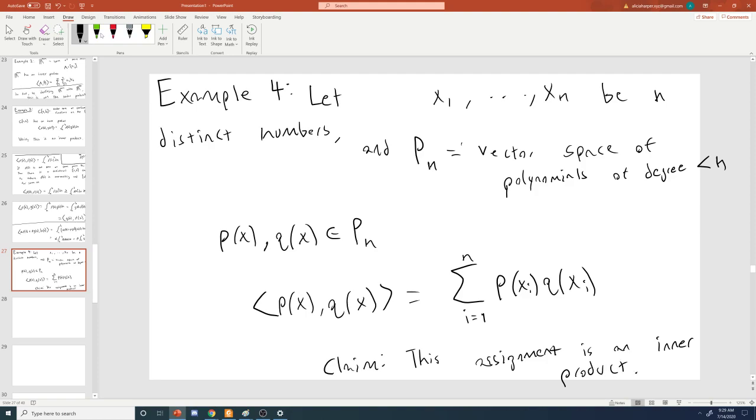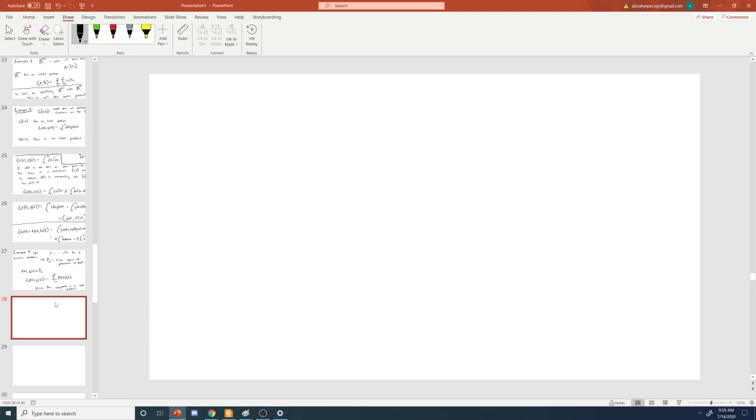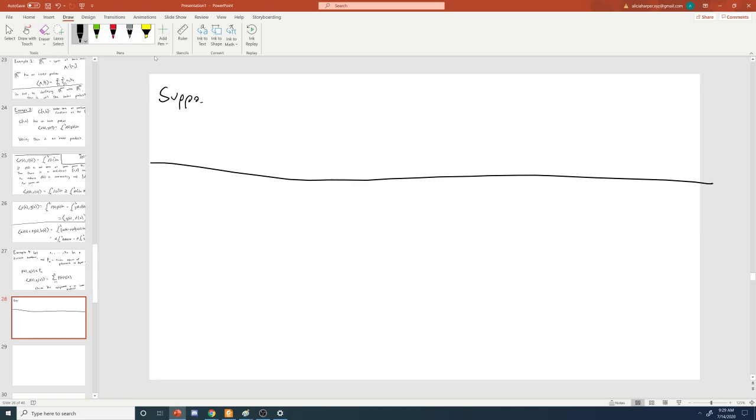Okay. So now that we've got those notions out of the way, we can introduce a few other things. But the first thing I want to prove is the Pythagorean law. Because every inner product space has a Pythagorean law. So suppose V is an inner product space, which is to say it's a vector space with an inner product.